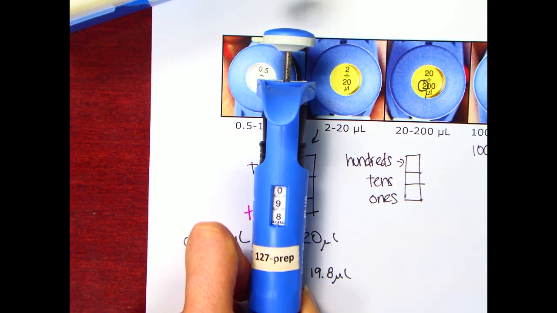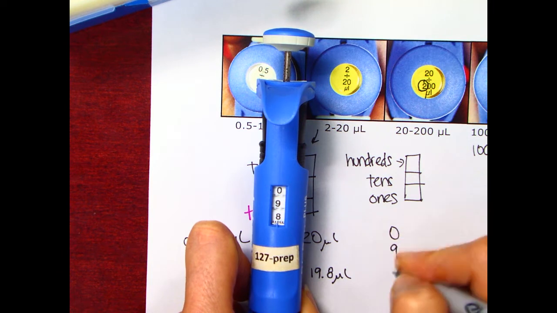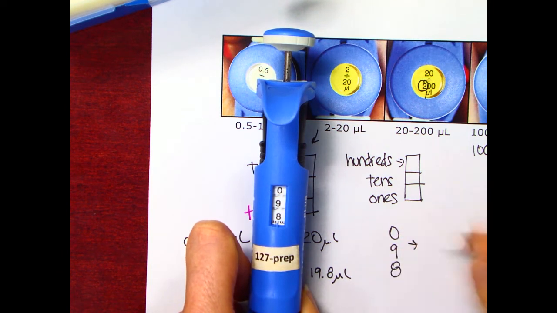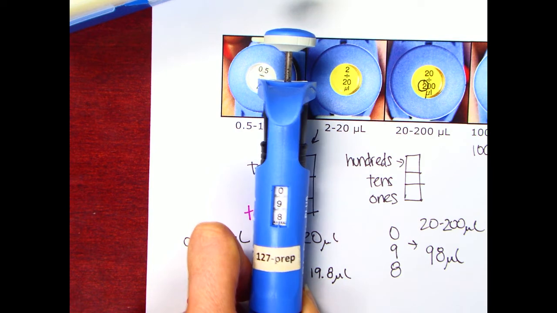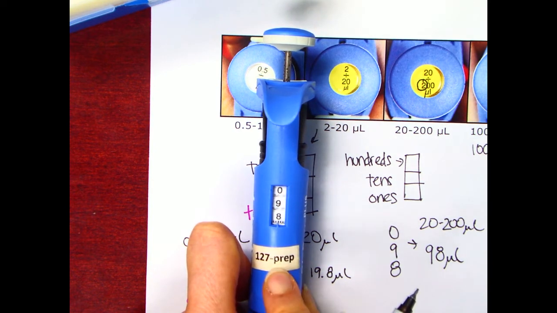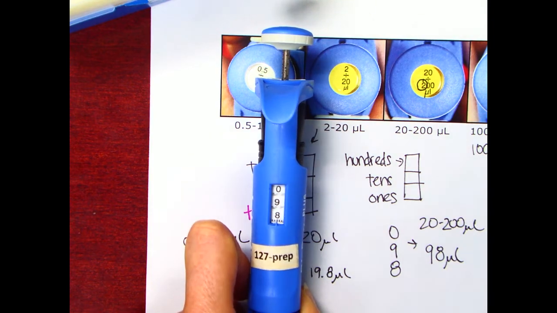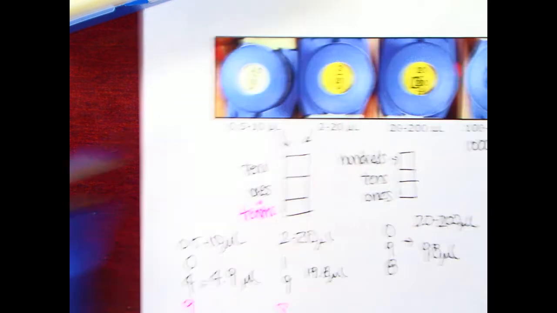This one is black 0 9 8, and it's the 20 to 200 microliter pipettor. This is going to be 98 microliters. This one does not measure less than 20, so we don't have to worry about a decimal point. Hopefully you guys are good with that one.